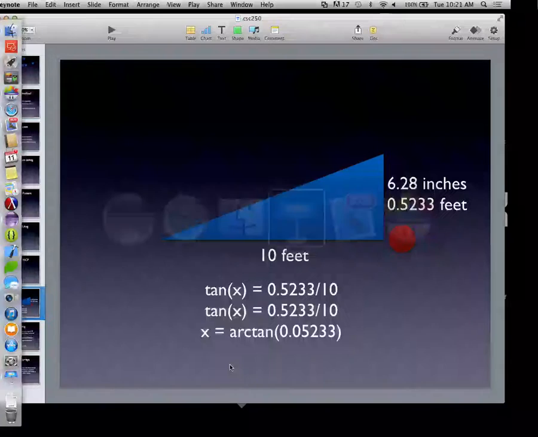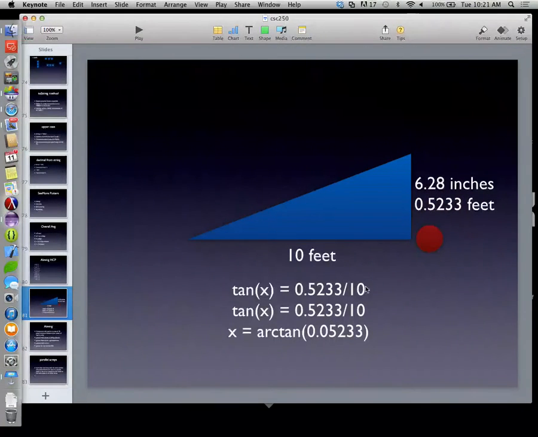Let's go back to our picture. If I have 6.28 inches, I'm trying to figure out this angle right here, correct? So what's this angle? Opposite over adjacent. What's opposite over adjacent? That's tangent, right? It's tangent, right?